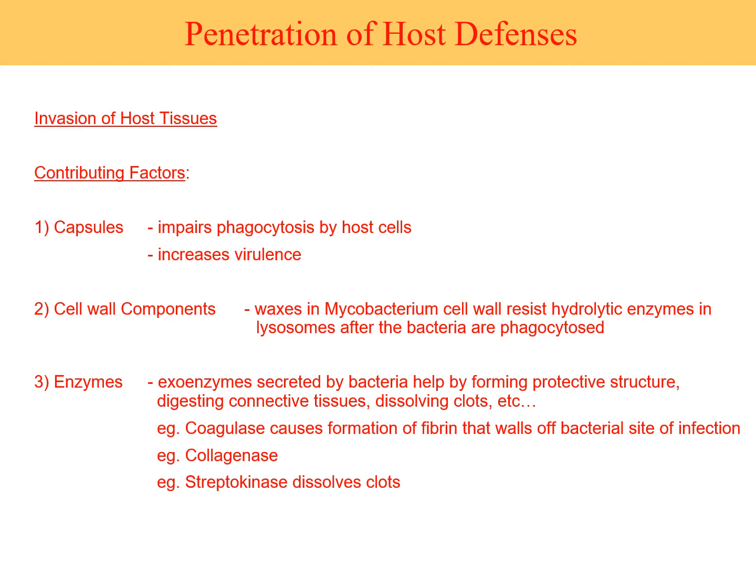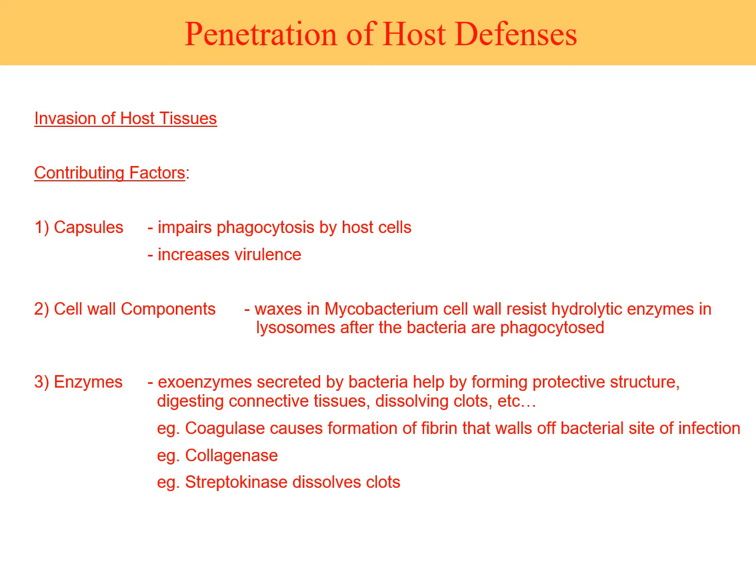Sometimes the organisms have certain cell wall components that protect them. For example, the wax in the Mycobacterium cell wall will resist hydrolytic enzymes in lysosomes. Phagocytic cells like macrophages or neutrophils can come along and phagocytose a bacterium, and they'll take it into a membrane-bound phagosome.